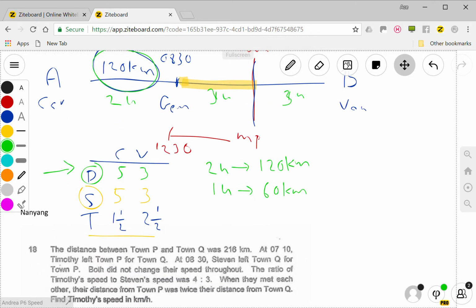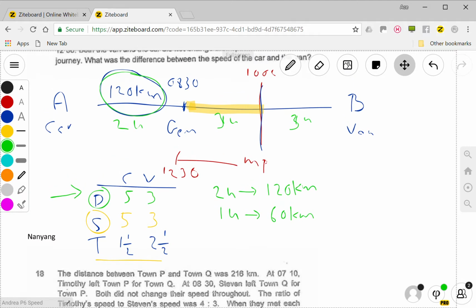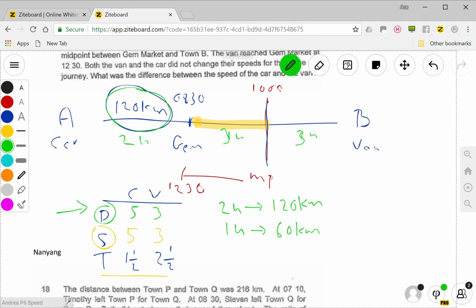Wow, still haven't reached there yet, but we are slowly getting there. Okay, what else can we find? 2.5 hours. Okay, I can find 3 units. Why I want to find 3 units is because I want to find the distance here. What's the distance here? Right, so the 3 units is 180, so the distance here is 180 kilometers.